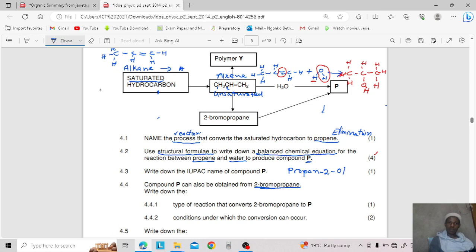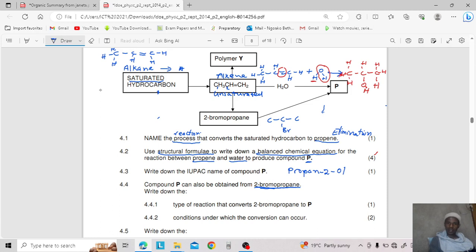So 4.4.1, they're saying write down the type of reaction that converts 2-bromopropane to P, an alcohol. So looking at this one, we are going to have this structure. Let's write the structure so that we can understand quickly. So 1, 2, 3. I made 2-bromo, then I'm going to have Br here.